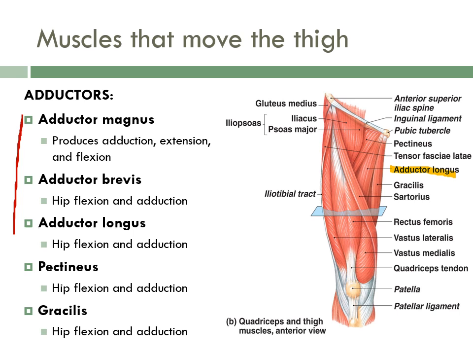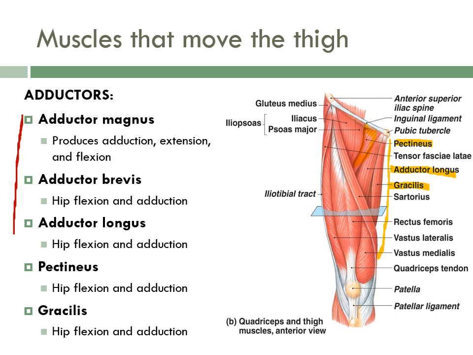Well, that's the only one that we can see on this picture, adductor longus. Pectineus up here is a small muscle that does work to adduct the leg as well. And then gracilis is this thin muscle that runs along the inside of the thigh, and that also is an adductor.